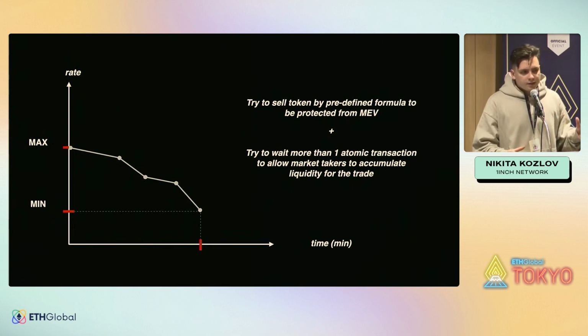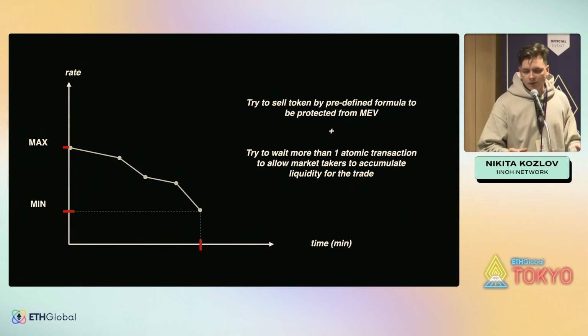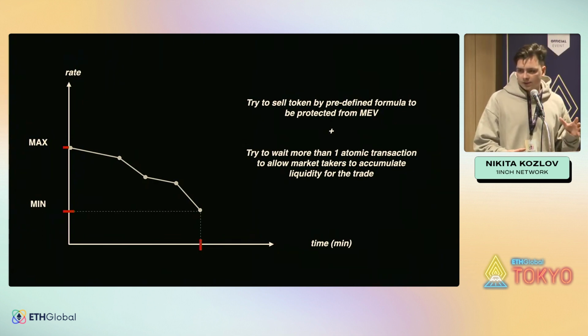So basically, you kill multiple issues at the same time. Firstly, you have a market sell feature, so you sell some tokens and you don't care. There is a guarantee, or at least a high probability, that it will be filled. At the same time, the price slippage will be a bit lower because you don't need to make it atomic.